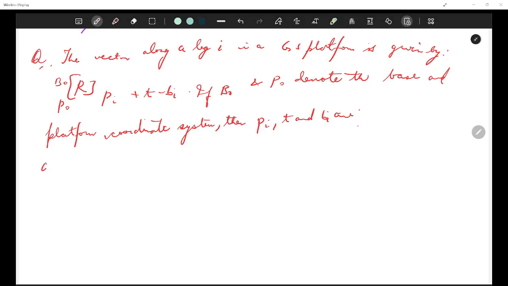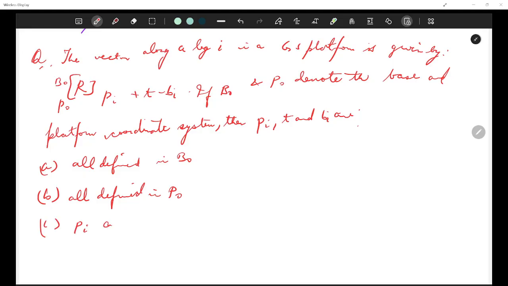That is basically the question. I write the options. They are all defined in B naught. Or they are all defined in P naught.